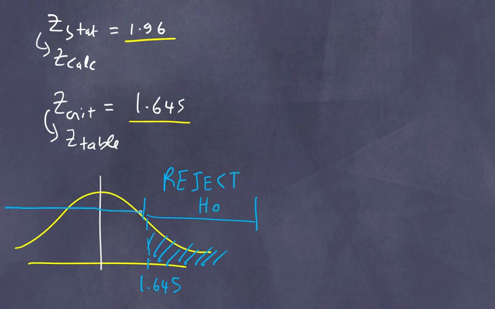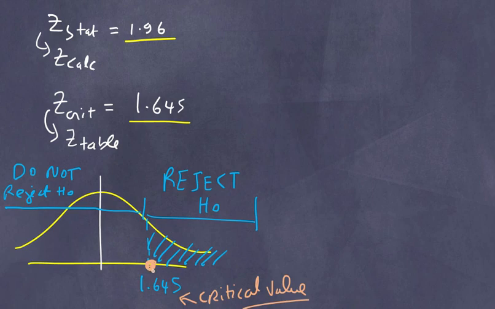But if you get anything below 1.645, below the critical value, the table value, you do not reject H0. So the critical value is a threshold, a limit. Anything above, you reject. Anything below, you do not reject.